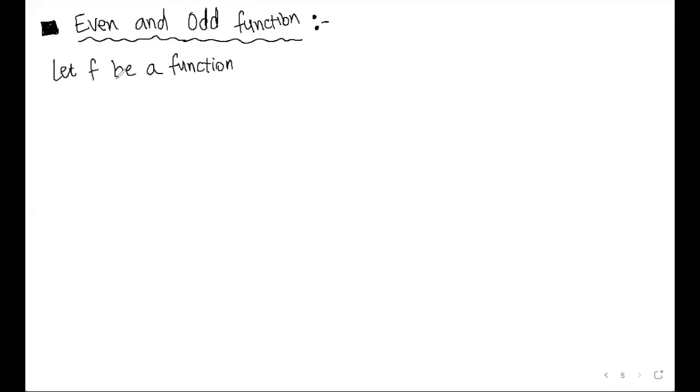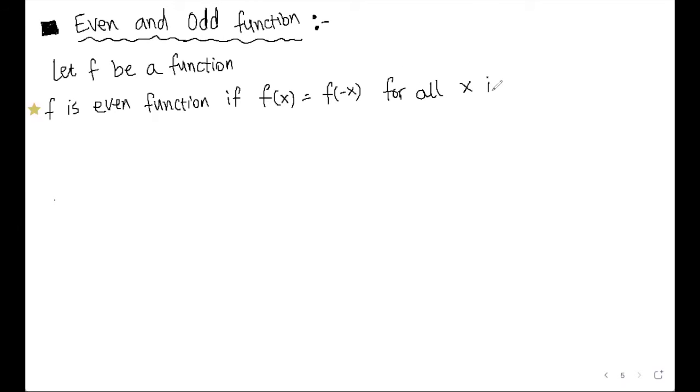To check whether this function is even or odd by using the rules: f is an even function if f of x equals f of minus x, for all x in the domain.